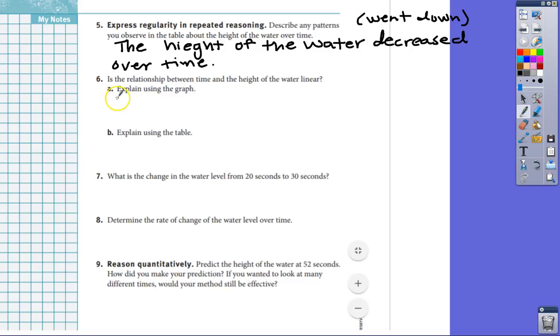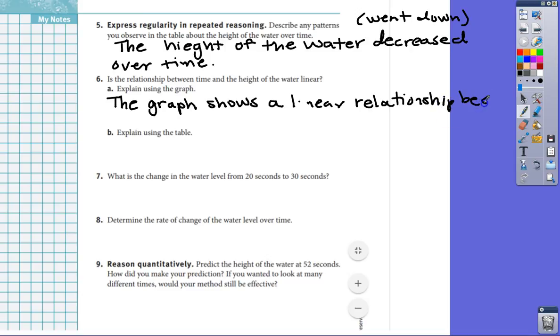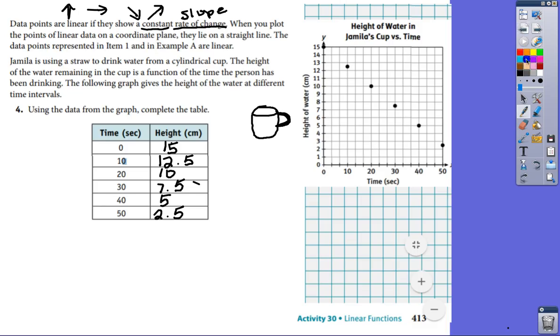Alright, now hopefully you don't think about it too hard, because we're literally going to say the graph shows a linear relationship because the graph is a straight line. Sorry, this pen's a little weird. So if we go back, we can actually connect these dots and get a straight line.